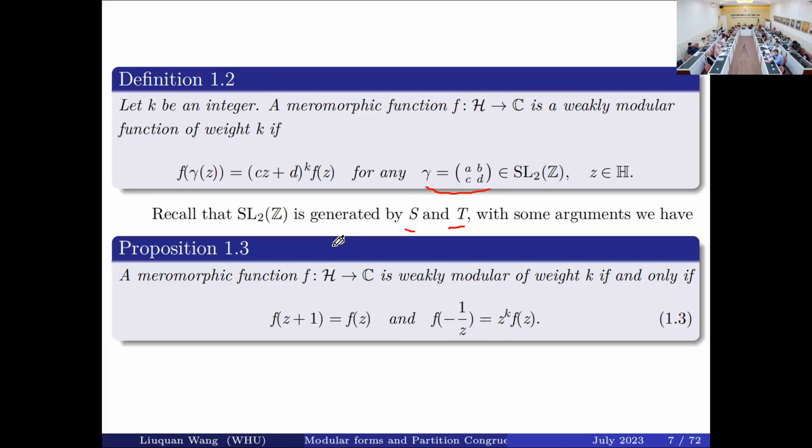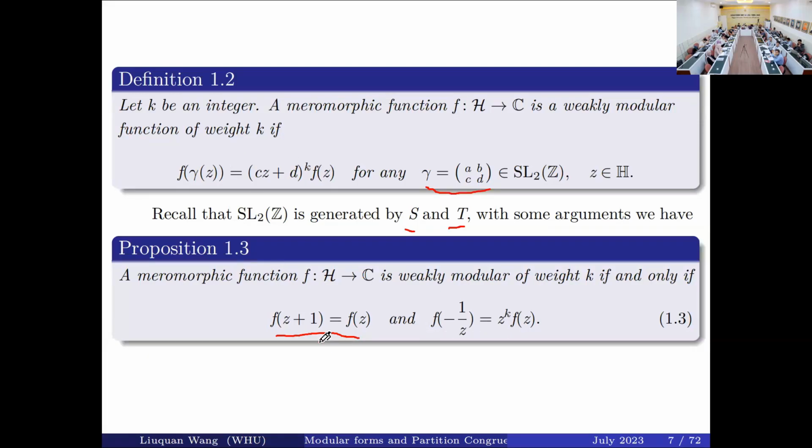And thus we have, for any meromorphic function f, it is weakly modular of weight k if and only if f is periodic with period 1. That is, f of z plus 1 equals f of z, and f of negative 1 over z equals z to the kth power times f of z.